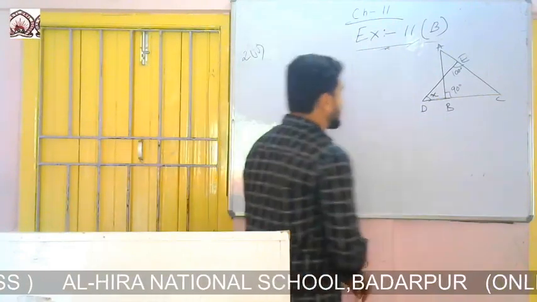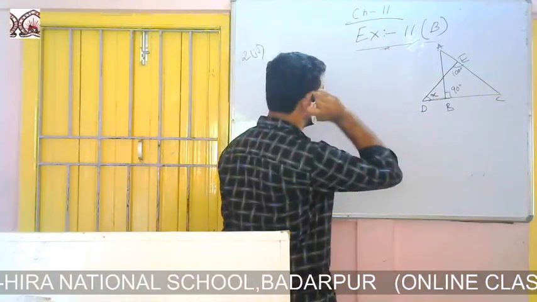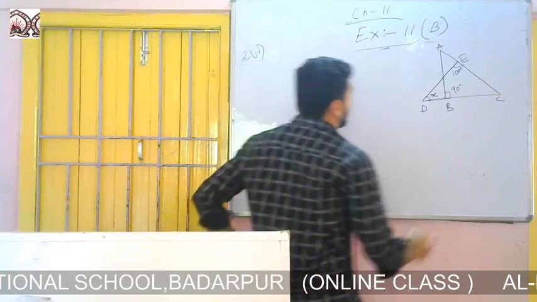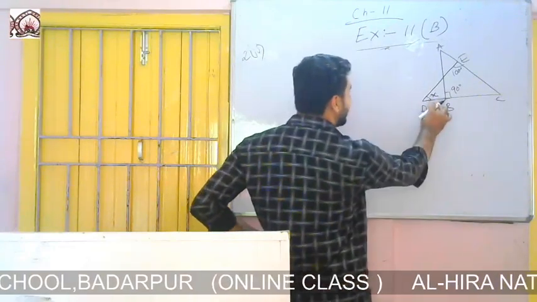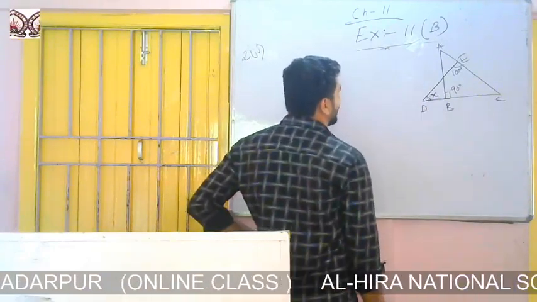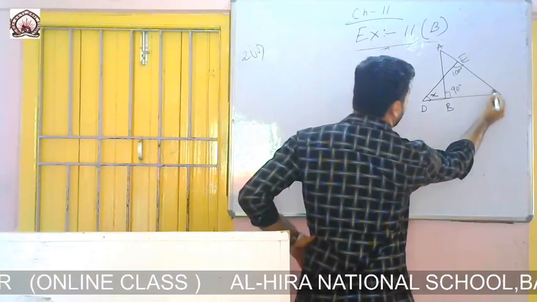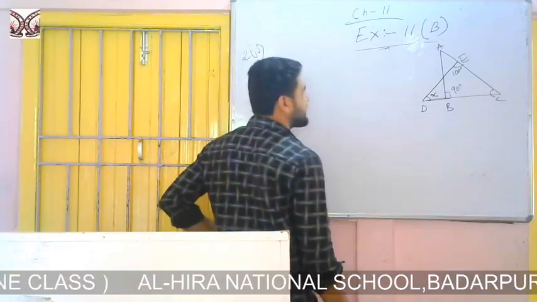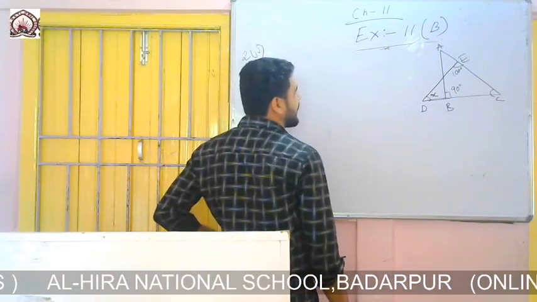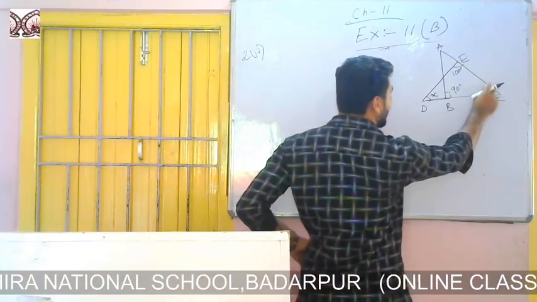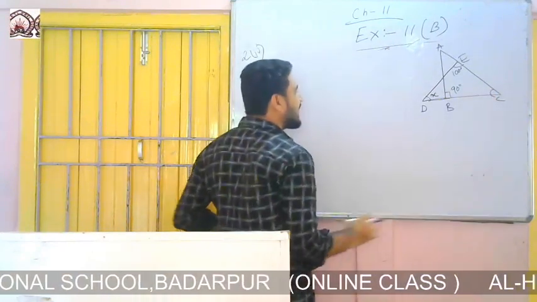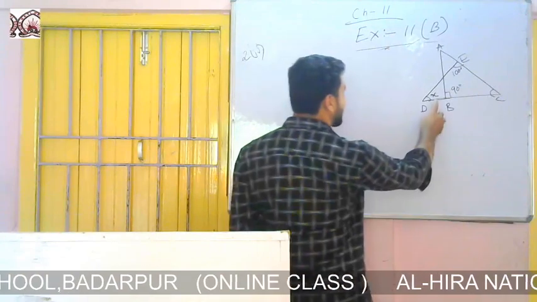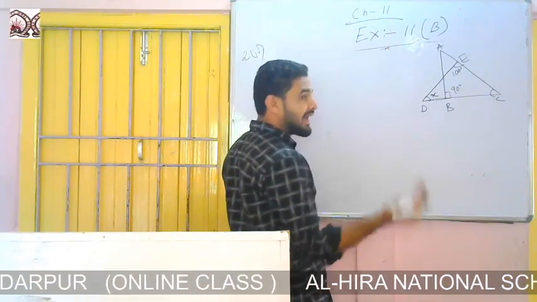Okay. So now we have to find. So how to find, you see? To find X, we have to know the measure of this angle, that is angle C. And if we know the measure of angle C, then we can find the measure of angle X by angle sum property.